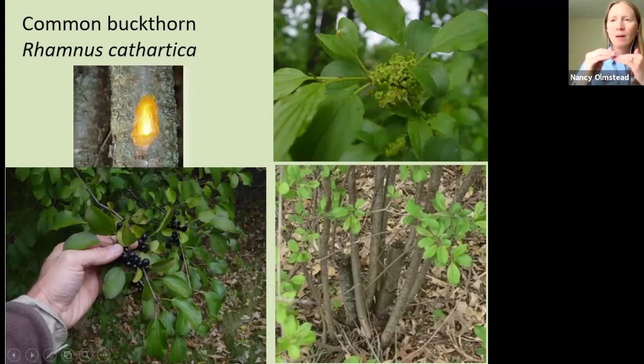Common buckthorn has subopposite leaf arrangement, so the leaves are almost opposite, not quite, as opposed to alternate, meaning one after the other along the twig, or opposite, directly across from one another. The fruit of the common buckthorn is a juicy black berry that is dispersed by birds. This plant occurs in many forests in Maine and along the edges of fields as well.